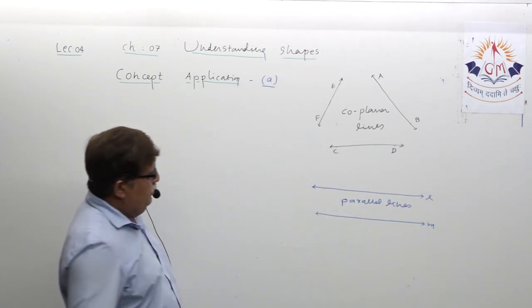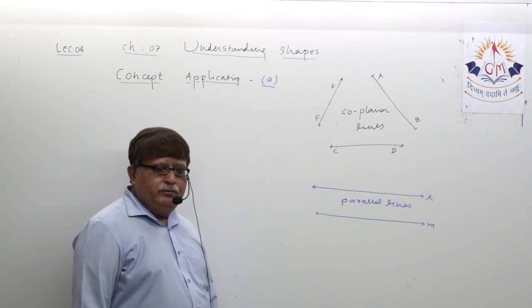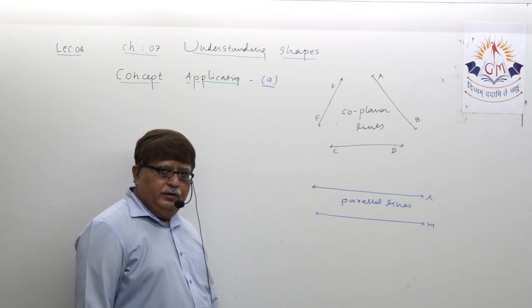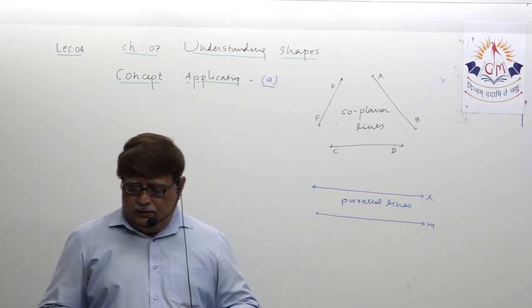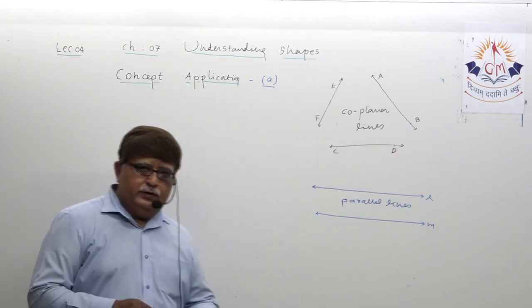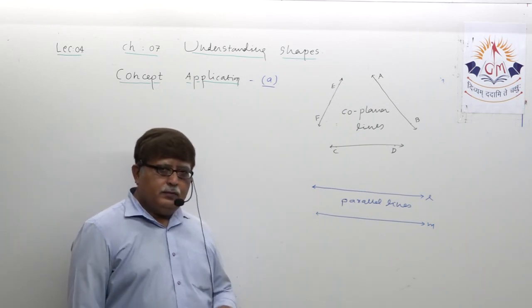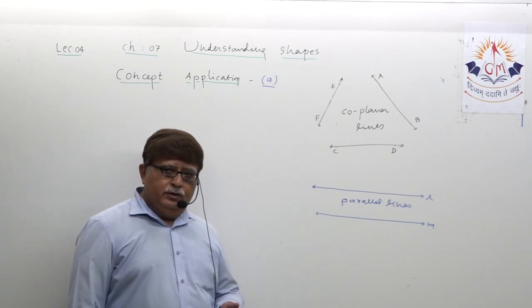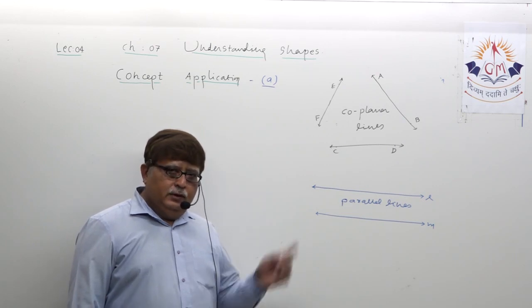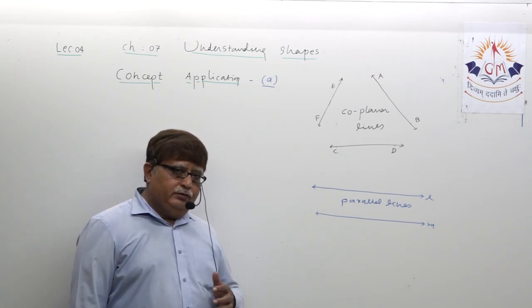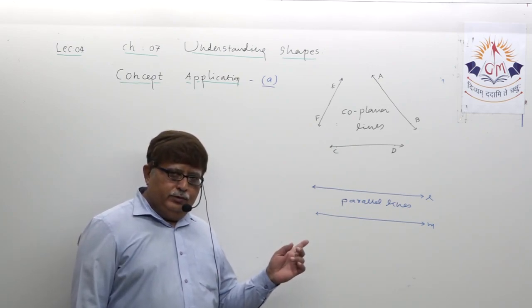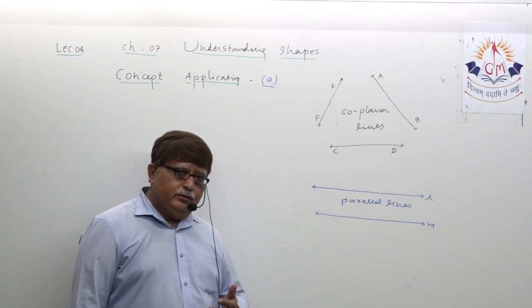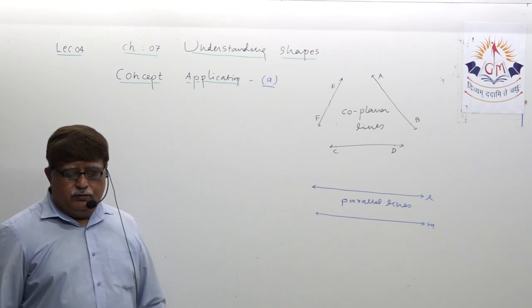Parallel lines: when two lines do not intersect each other, they are known as parallel lines. These two concepts, please keep in your mind, because they are going to be useful in the topic which we will study.